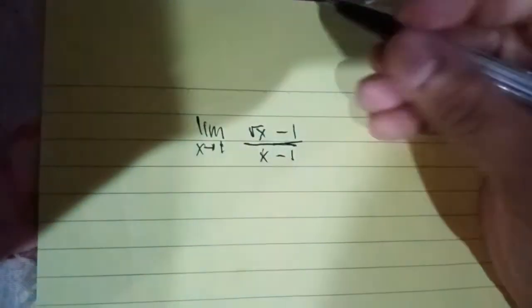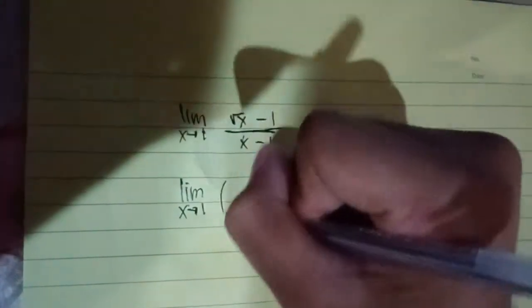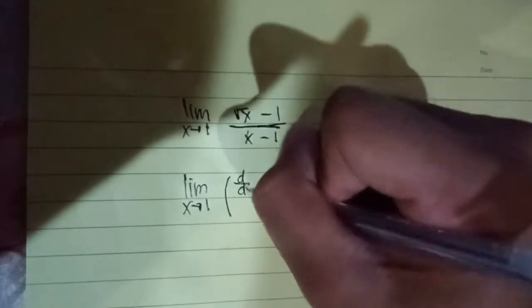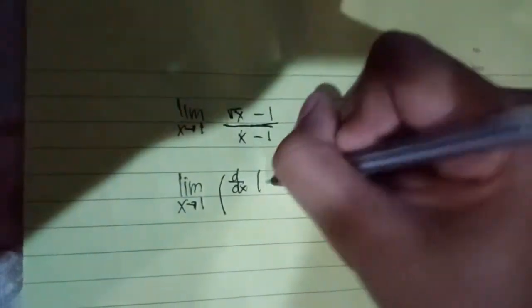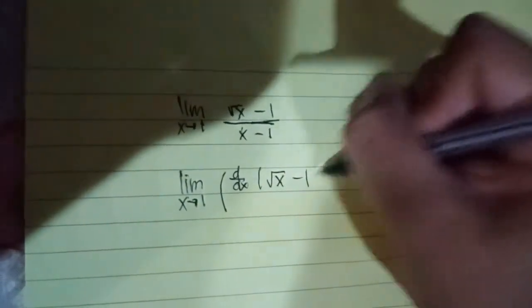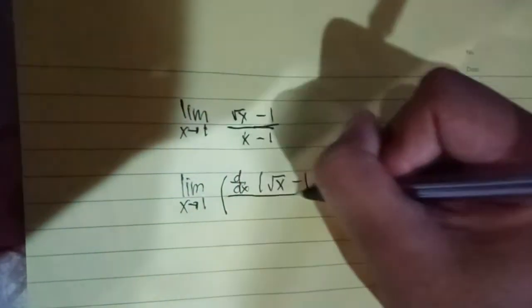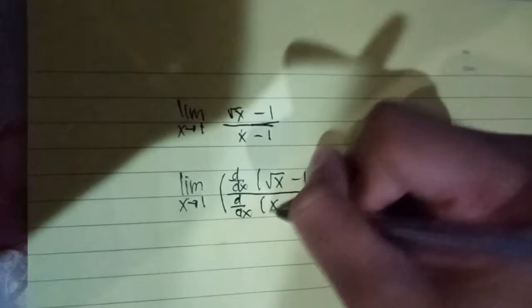So we are going to differentiate first. So limit as x approaches 1, it will now become d over dx square root of x minus 1 over d over dx x minus 1.